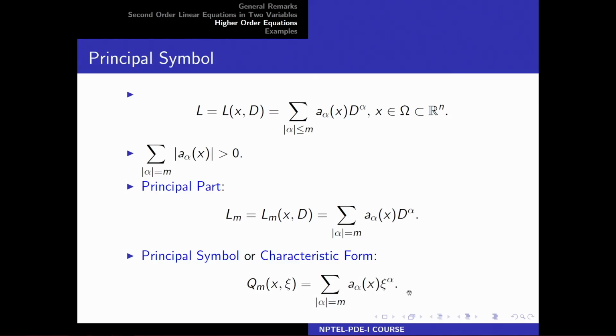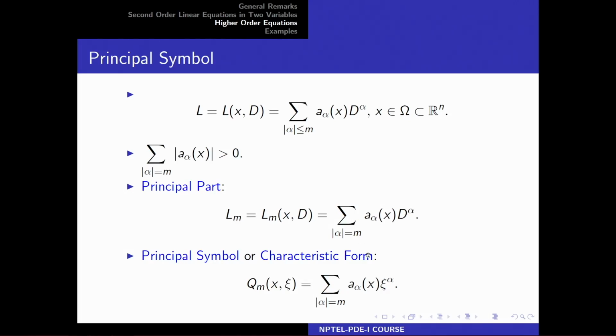In fact, it is a homogeneous polynomial of degree m. So, xi equal to 0 is always a root of this. In the second order case it was the quadratic form. So, here it is called the principal symbol. So, this is the general definition.